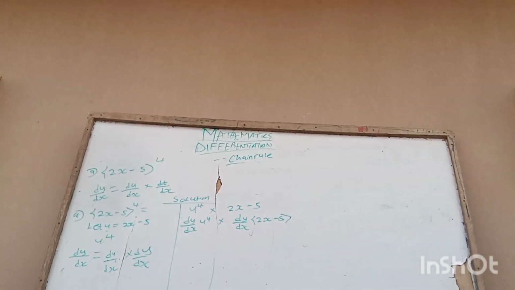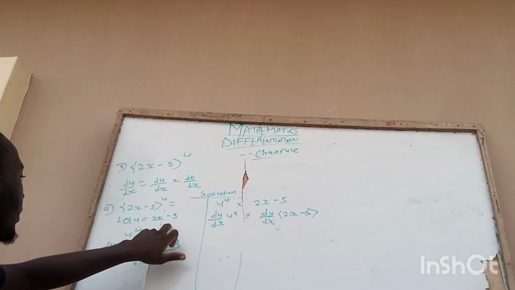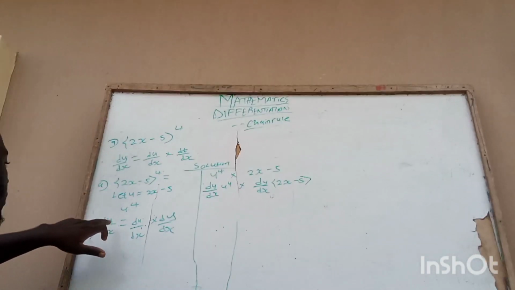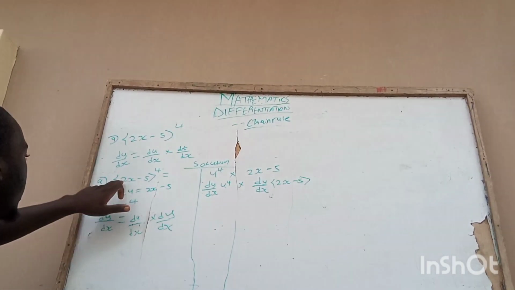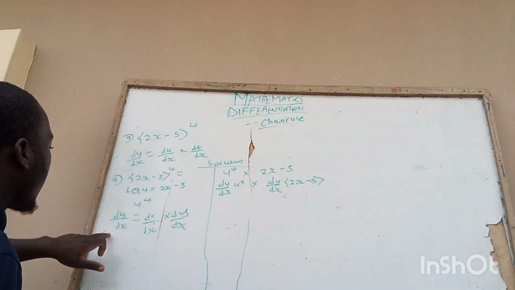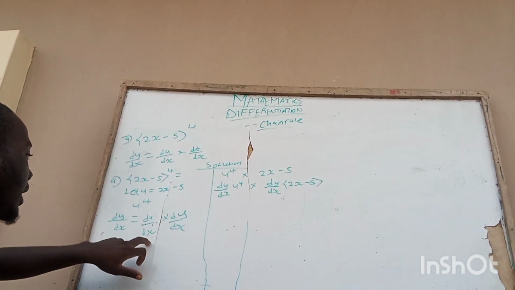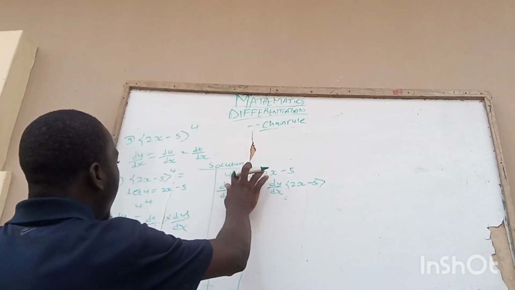Do you get it? We first said our bracket is u. Then our question changes to u raised to power 4. When u is 2x minus 5, between it we have u raised to power 4. Remember our formula, dy/dx equals dy/du times du/dx.